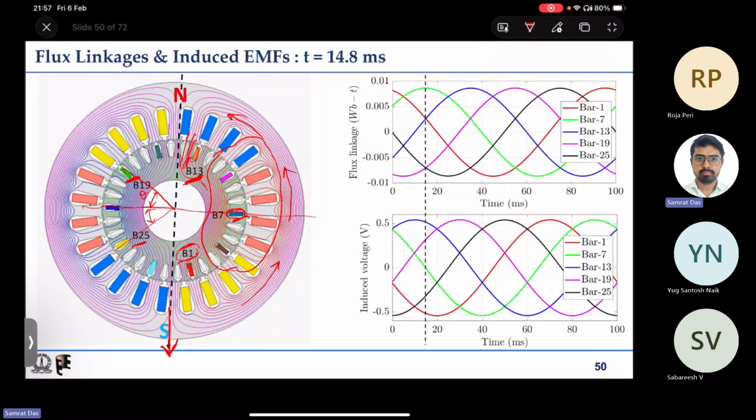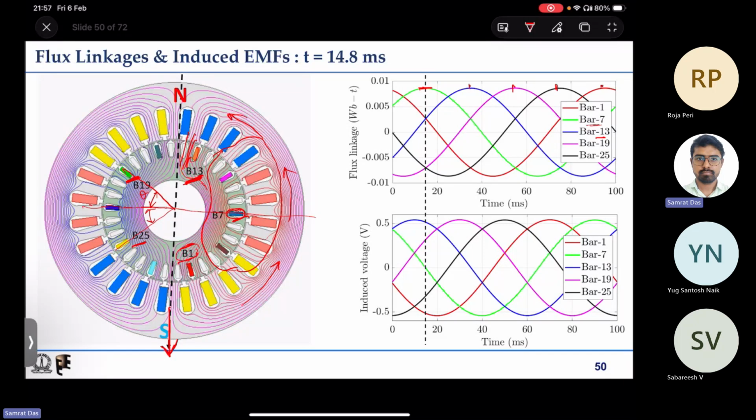So if I start with this one, say this green one is bar 7. The next one is bar 13. So that means bar 13 flux linkage is lagging the bar 7 flux linkage, and similarly next is bar 19, next is bar 25, next is bar 1.